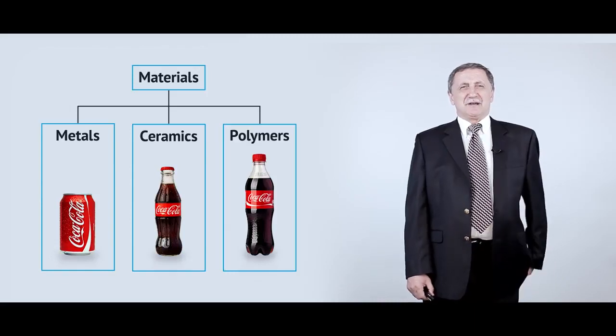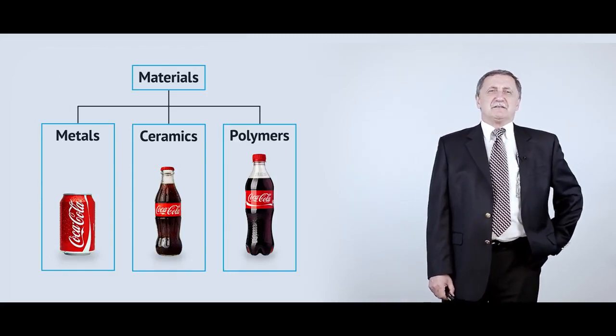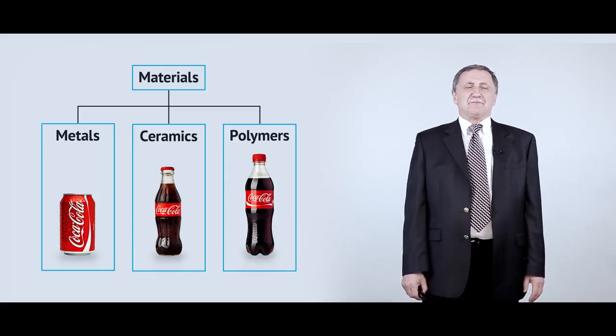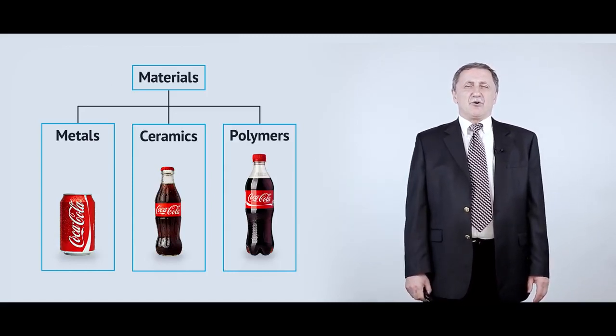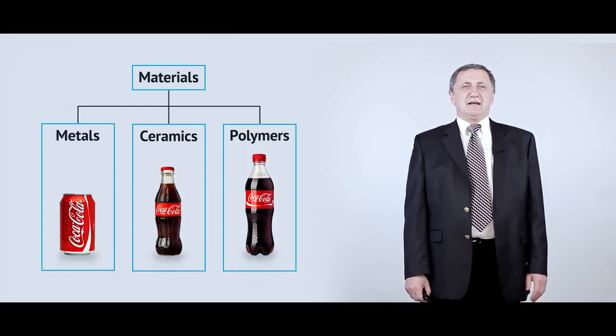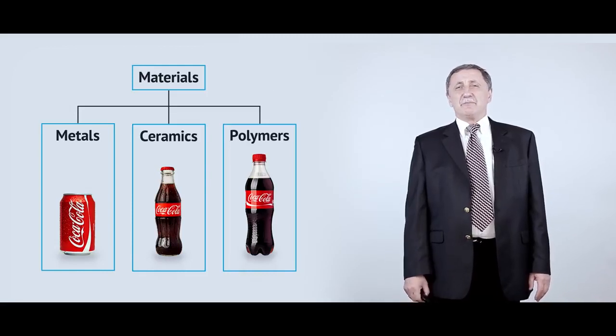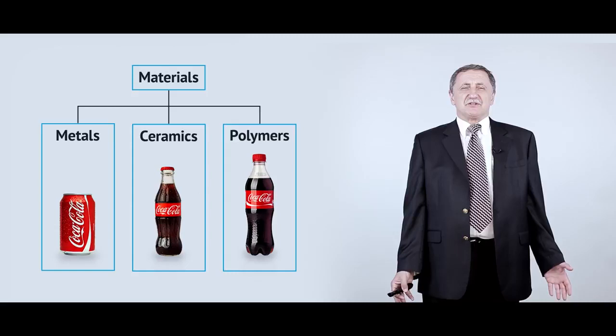On this slide, you can see that each of these materials can be used for almost the same applications. The famous Coca-Cola can be in aluminum cans, in glass bottles, as well as in polymer bottles. So why is it so?